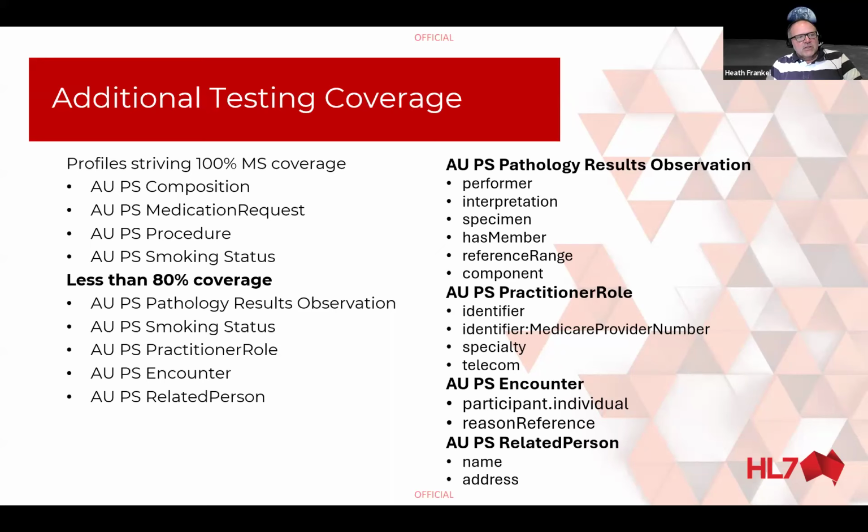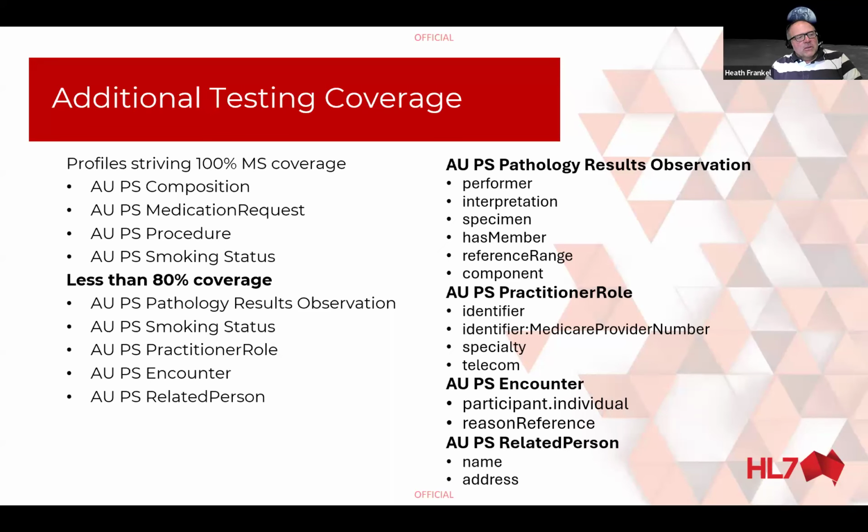They're actually related to things like procedure, and so they're probably less utilized at the moment. But we are looking to see if we can find some systems that can show use of participants in an encounter, a reason reference again as part of encounter, and for a related person, name and address usage.